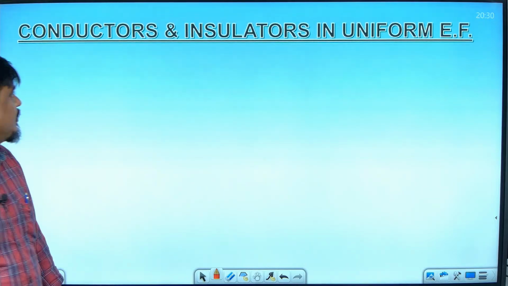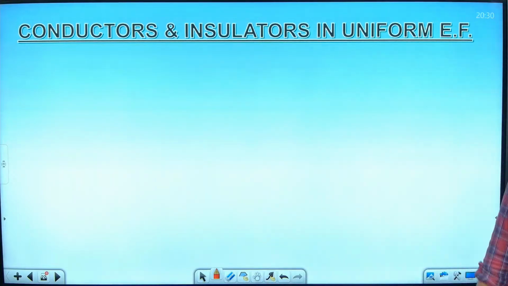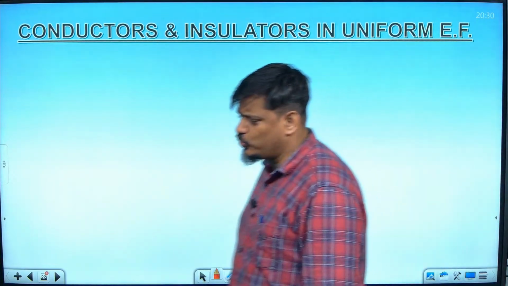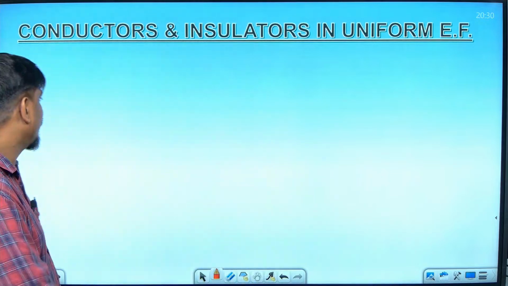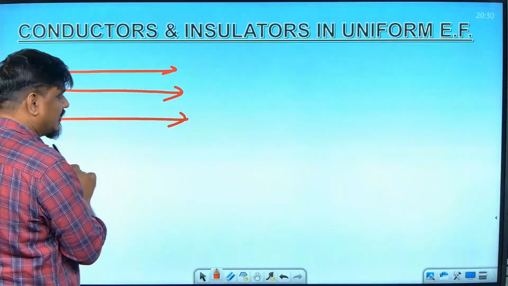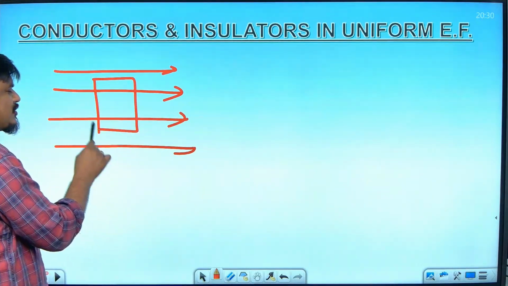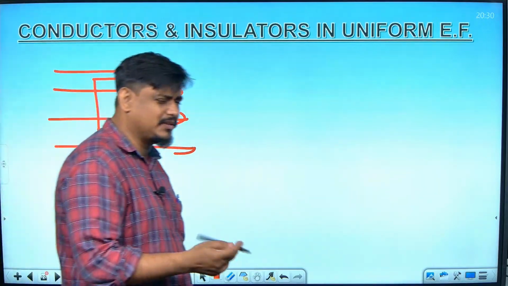Yes. Now, we are coming to conductors and insulators kept in a uniform electric field. I have told this to you when I taught long back. Whenever a conductor is placed inside the electric field, what happens to it?